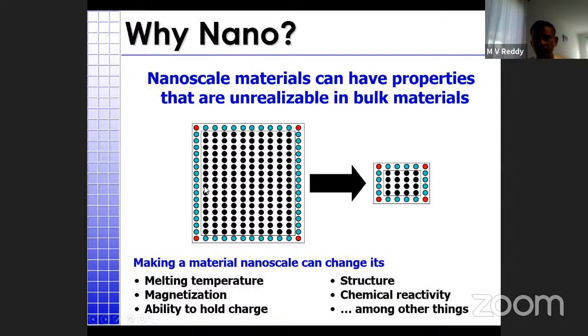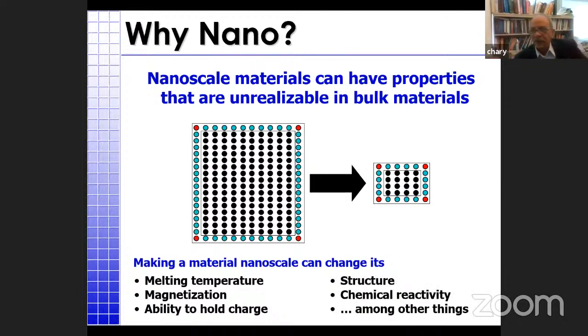So making a material at the nanoscale can change several properties, and I'm just giving you a few. Now, if you look at this slide, some of you may be thinking, okay, melting temperature changes, magnetization changes, supercapacitive properties change, structure changes, chemical reactivity.